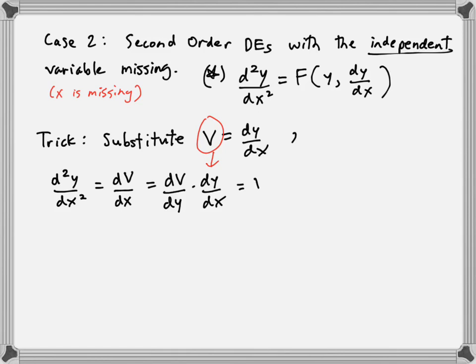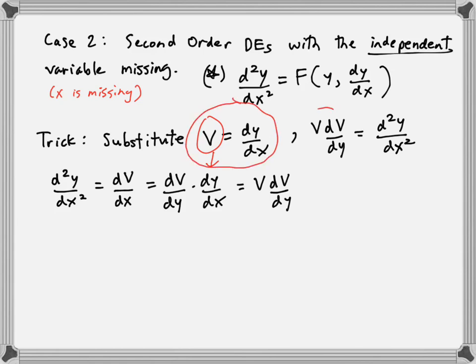So we get v times dv dy. So this means that ultimately we're going to substitute v for dy dx, and we're going to substitute v dv dy for the second derivative, okay? So these are our two substitutions. We're going to do this substitution right here, and we're going to do this substitution right here.